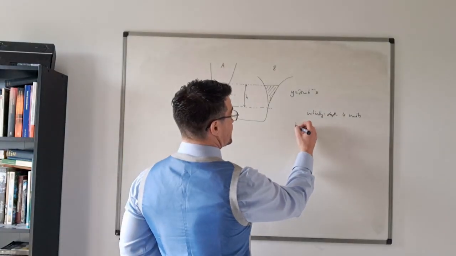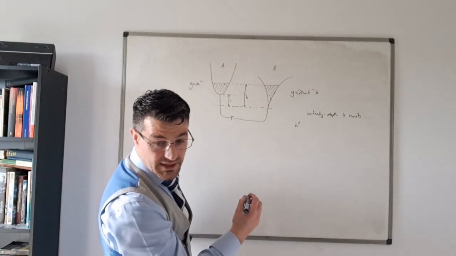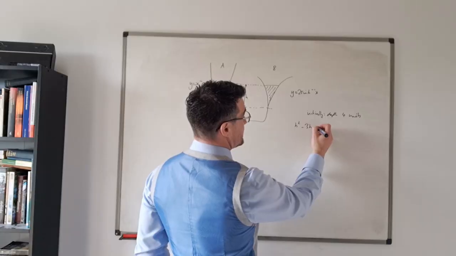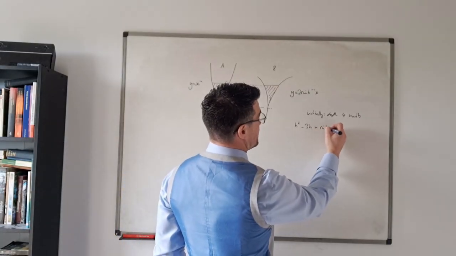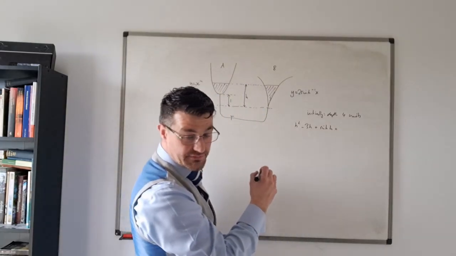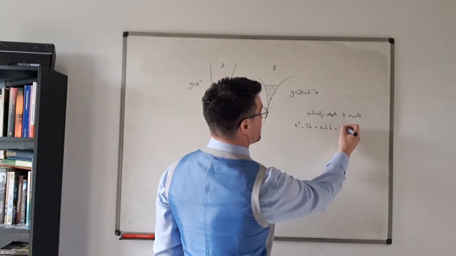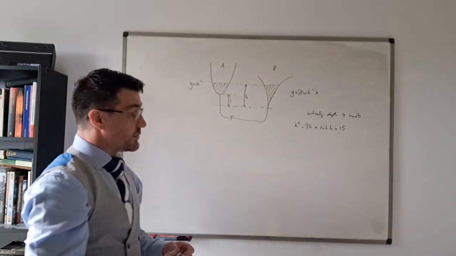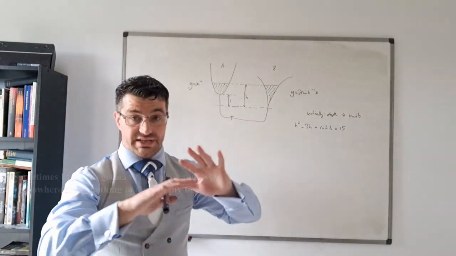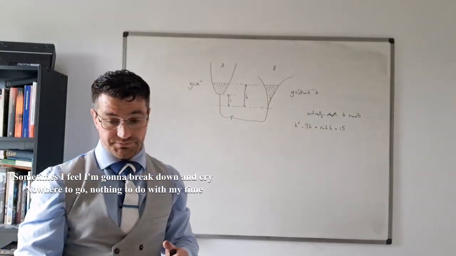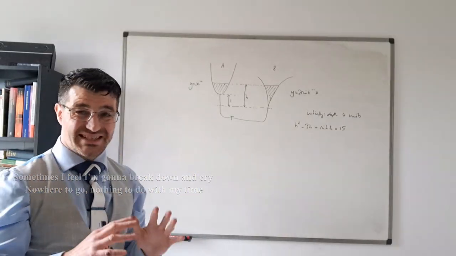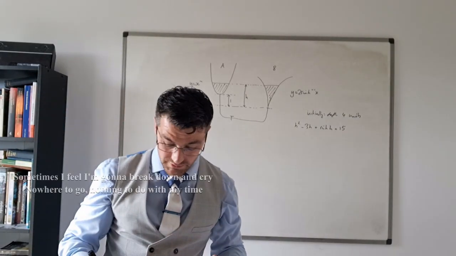So the equation is h squared minus 3h plus sinh h equals 15. So we're not asked to solve this equation, we're just asked to show that h satisfies this equation. So it's a fairly straightforward problem.